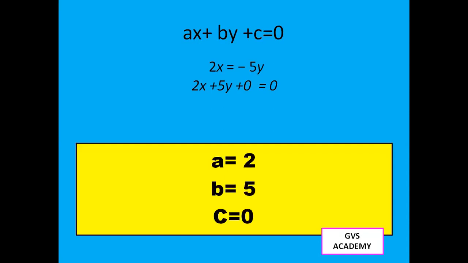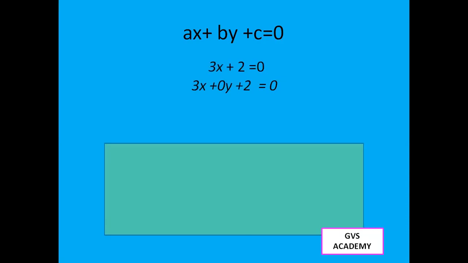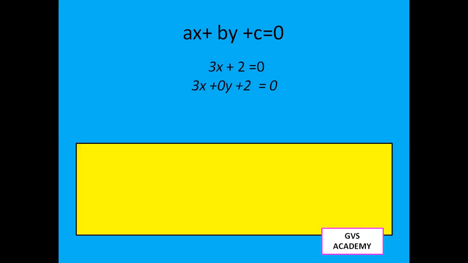Next one. 3x plus 2 equal to 0 is our equation. Here, y is not given. So take it as 0y, so 3x plus 0y plus 2 equal to 0. So a is equal to 3, b is equal to 0 and c is equal to 2 here.